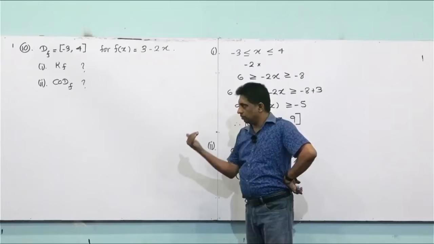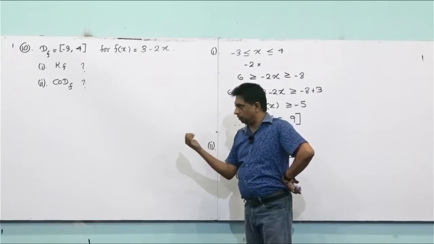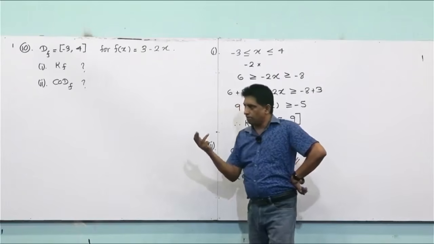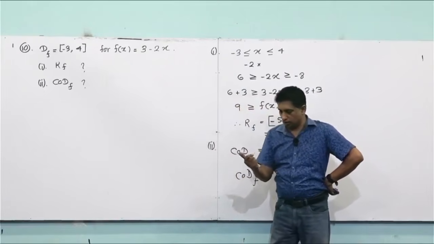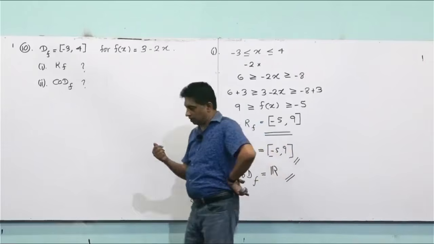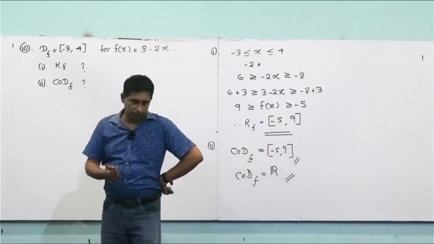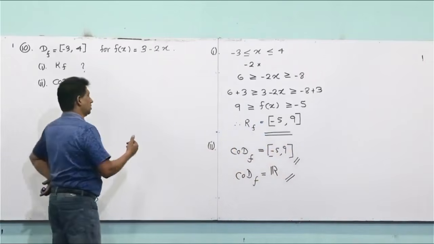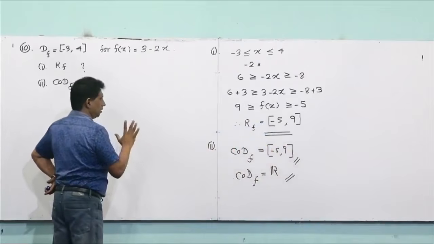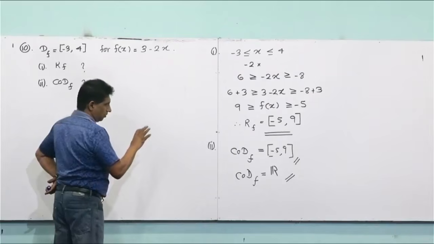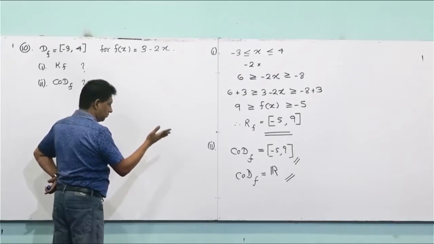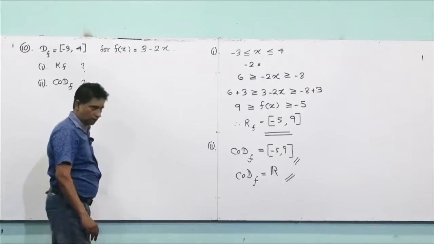Then the notation for a function, then domain, codomain, image, range, independent variable and dependent variable. After that we discussed 10 examples. In these 10 examples, we used various methods to find Rf, codomain of f, image and like that.